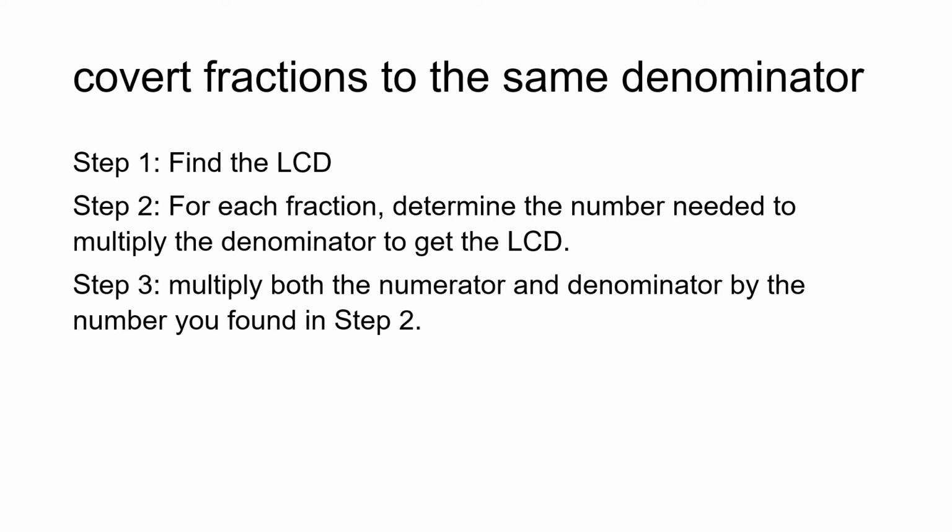Sounds complicated, but it's quite easy. Step 3 is to multiply both the numerator and the denominator by the number you found in step 2. Again, super easy, and that's why I want you guys to use your calculator so you're more precise, because this is fractions.